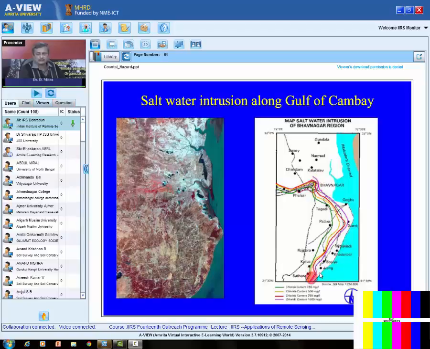The safe region is the green, less than 250 mg per liter, which is the safe chlorinity index. But this is only at a few places, around 10 km, 15 km from the land, and this is mainly happening because of the pumping of groundwater for the production of salt, which is totally unscientific, as we all know from the geology, particularly the equation of Ghyben and Herzberg.